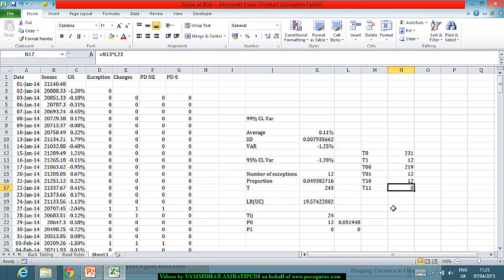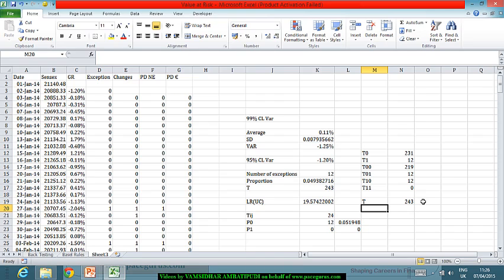Now that I have almost all the values, if they are really independent, I want my T to be T0 plus T1, which means the number of exceptions here should be T times pi.